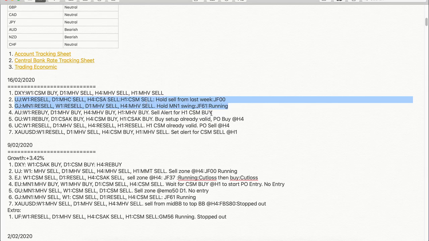We have to set alert in TradingView for this one. GBP USD, you can PO buy at H4 from the buy zone. USD CAD, we PO sell at the sell zone on H4. And also for the last one, for gold, we set alert for CSM sell at H1.